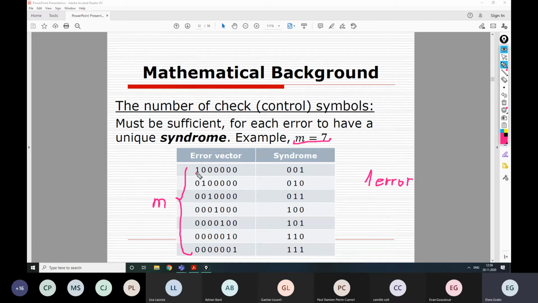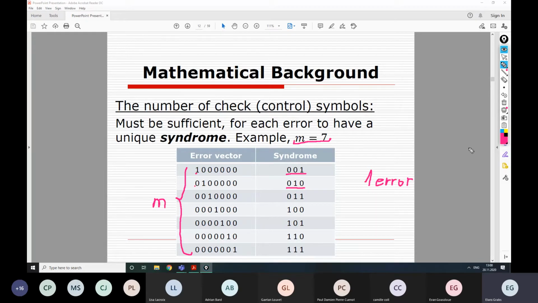So for example, for this error, we have such syndrome. For this error, we would have a different syndrome, and no similar syndromes are here. Each of these error vectors, error combinations, yes, has its own syndrome.